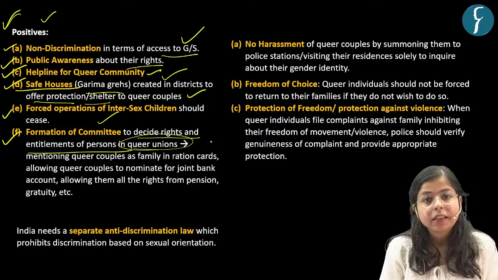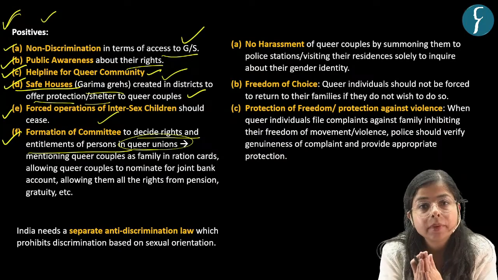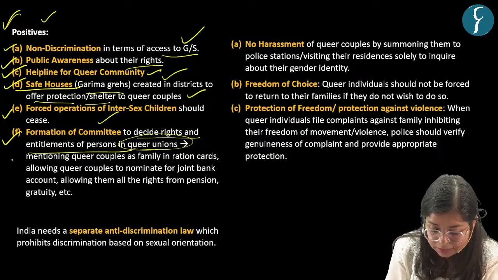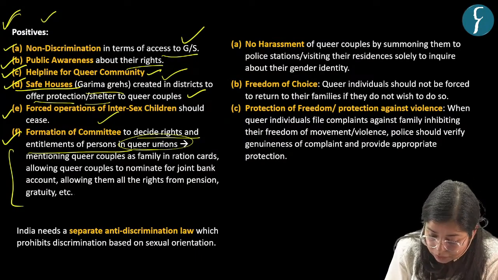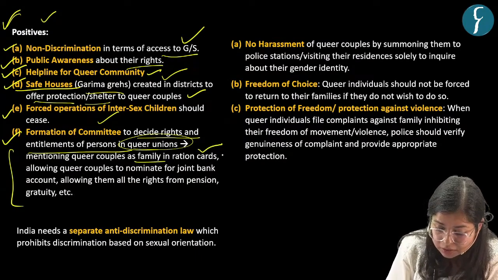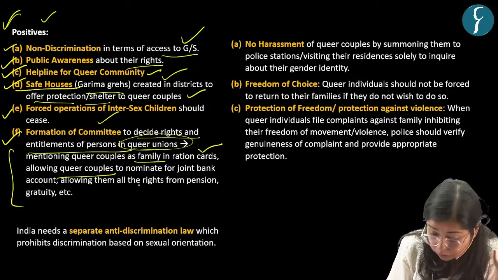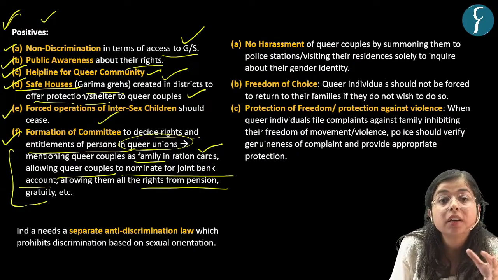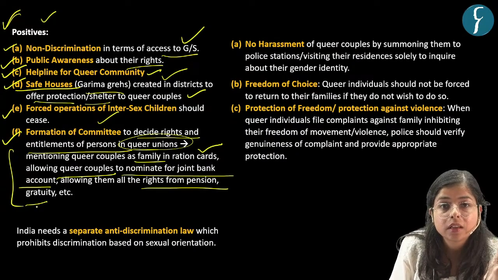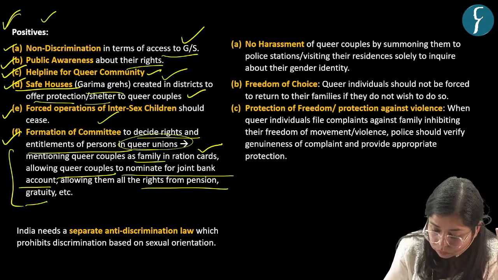That is, a committee is to be established which will look at the rights of the transgender community, such as treating them as a family in ration cards, allowing queer couples to nominate for a joint bank account, and allowing them the right to pension, gratuity, or other social benefits, right? So for it, a committee is to be established by the central government.